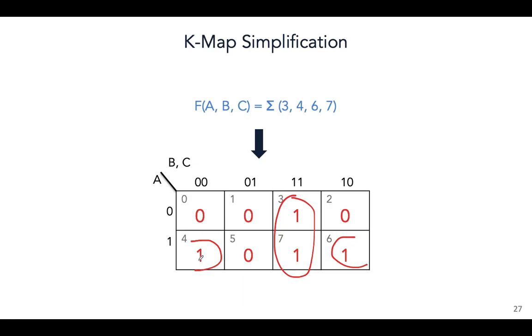And the idea of grouping is that you should form groups which are as large as possible. In this case, only 2 1s can be grouped together. No larger combination is possible. But if, for instance, there was a 1 in cell 2, then this entire set of 4 1s would have formed one group. But in this case, these are the only 2 options available.